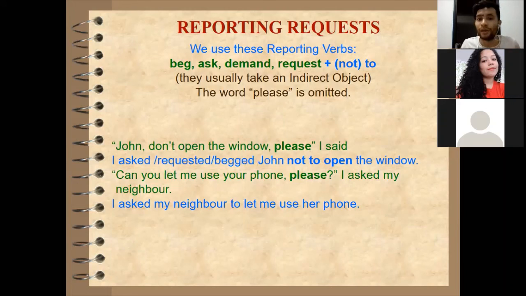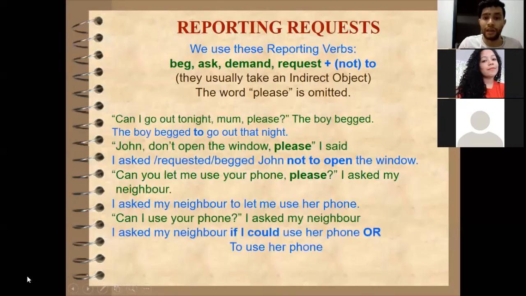Así que ustedes si lo quieren usar como request de esta manera, está bien. O si lo quieren usar como un yes, no question de esta manera, también está perfecto. I asked my neighbor if or whether I could use her cell phone. I mean, las dos formas de la que ustedes quieran en caso tal de que sea una pregunta, está perfecto.